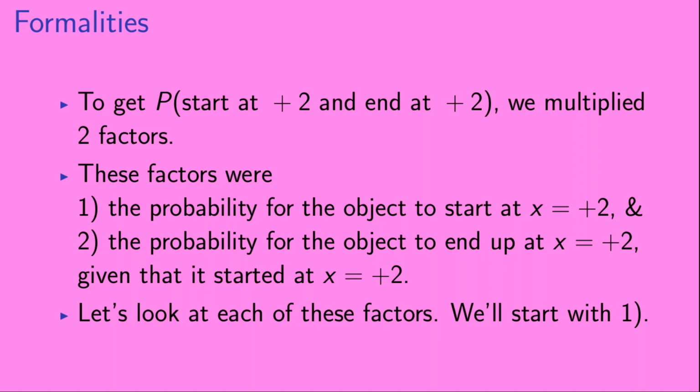These factors were 1, the probability for the object to start at x equals +2, and 2, the probability for the object to end up at x equals +2, given that it started at x equals +2. Let's look at each of these factors. We'll start with 1.